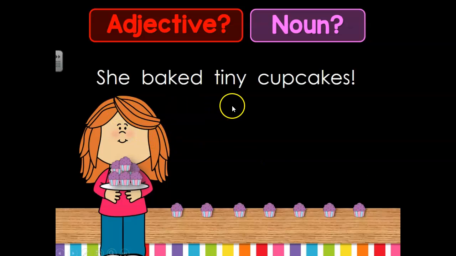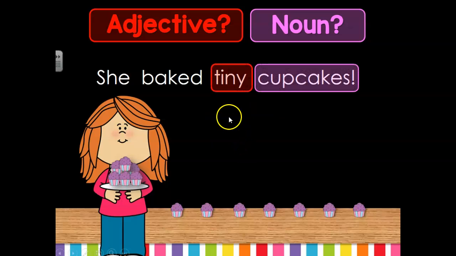She baked tiny cupcakes. What is the noun in this sentence? Cupcakes. Remember, she is a pronoun. How do we describe the cupcakes? They're tiny. Yes, so tiny is your adjective.